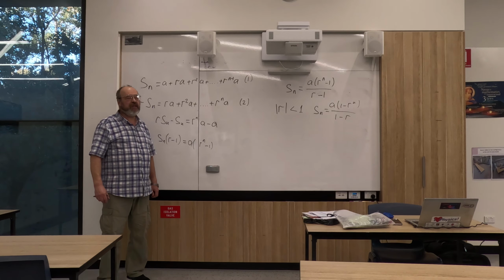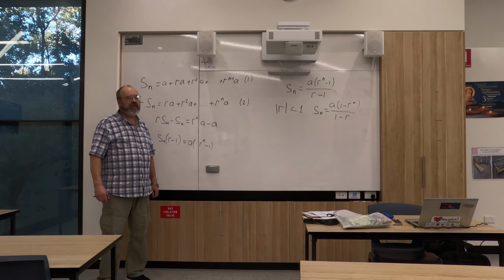So if the modulus of R is less than 1, what will R to the power of n be equal to as n approaches infinity? When R is less than 1, what is the limit equal to? 0.